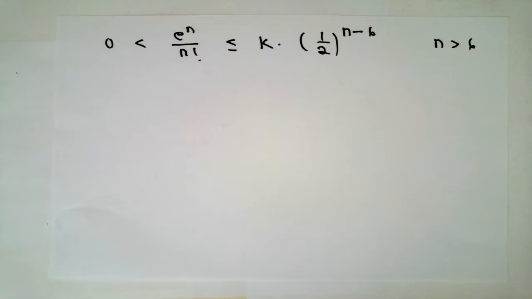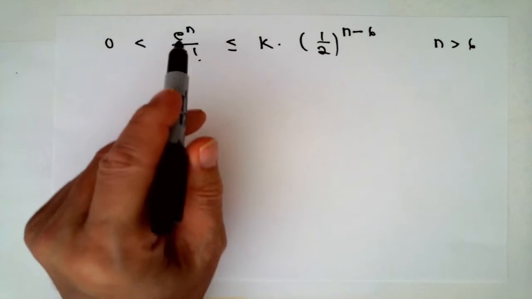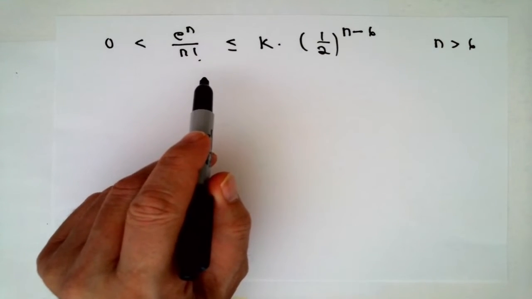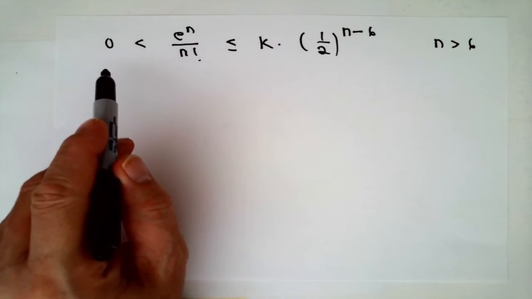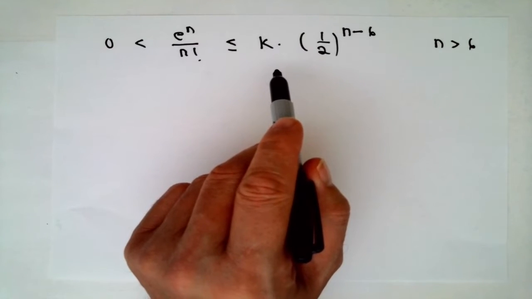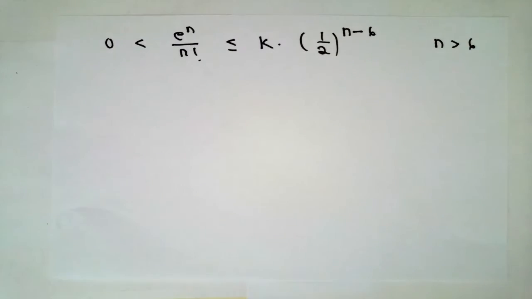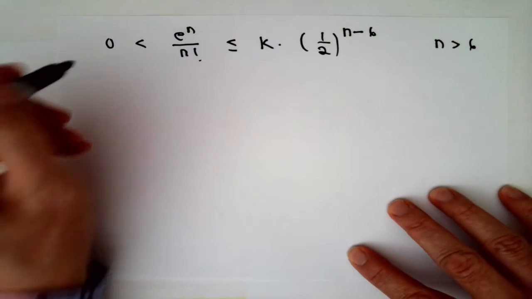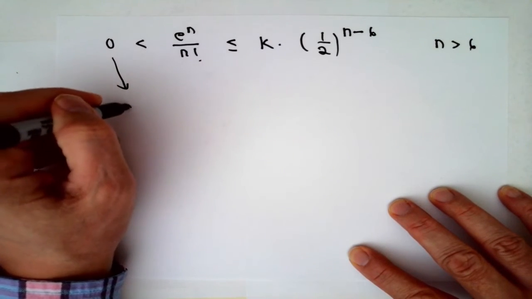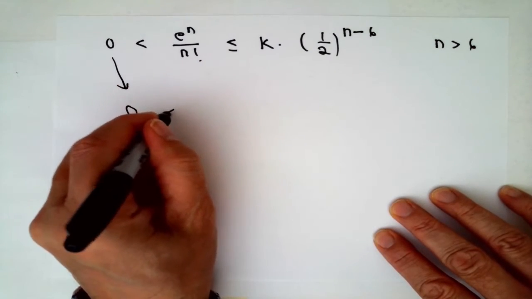So what this tells me is there's a constant K, so that e to the n over n factorial is trapped between 0 and this constant K multiplied by some power of 1/2. As you allow the n to become indefinitely big, the limit of a constant is the constant.